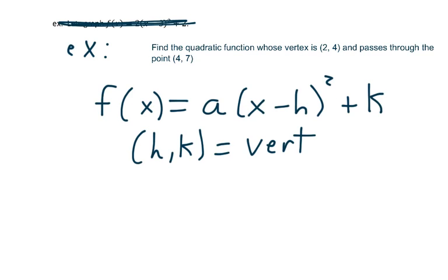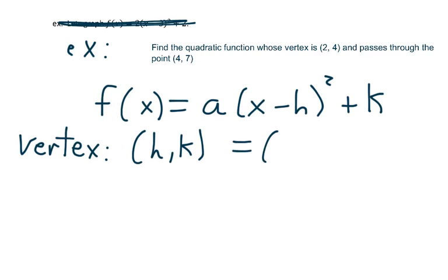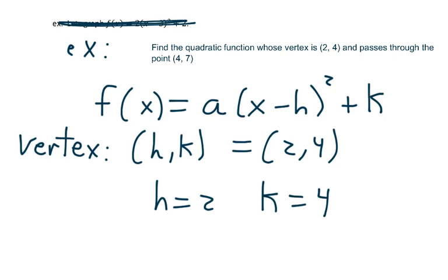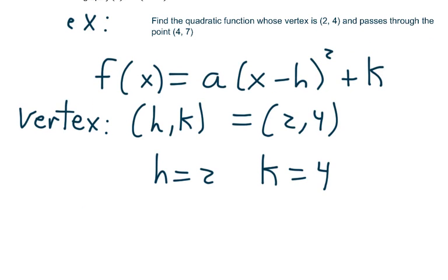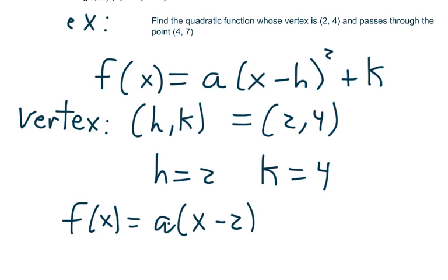So in this case, our vertex has to be 2, 4. That tells us h has to be 2, k has to be 4. Let's plug that in. We get f of x equals a times x minus 2 squared plus 4.